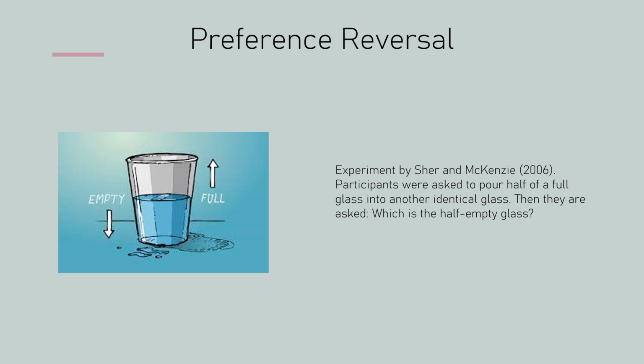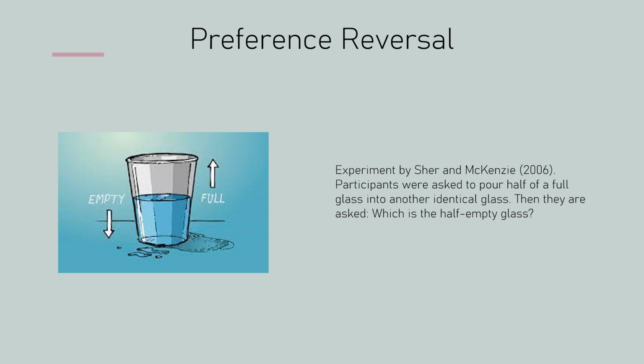Now, in an experiment by Sher and McKenzie, participants were asked to pour half of a full glass into another identical glass. They are then asked, which is the half empty glass? Okay. Now, at this time, they've got 2 glasses with the same amount of water in it. When most people are asked this question, they choose the previously full glass.